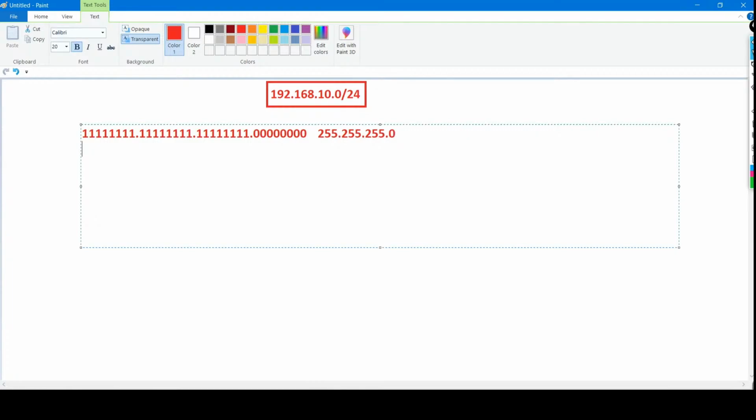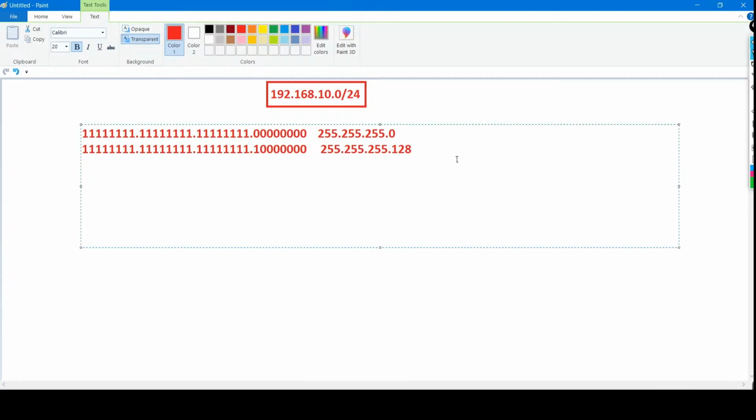So my subnet mask will be 11111111.11111111.11111111 dot, and here I borrow 1 bit: 10000000. The subnet mask will be 255.255.255.128, because I have borrowed 1 bit to divide this network into 2 parts. This is the subnet mask of the octet where the last 1 is present, the 4th octet.